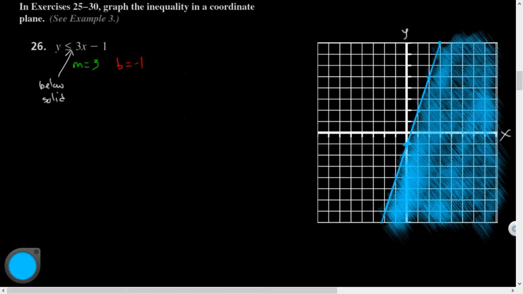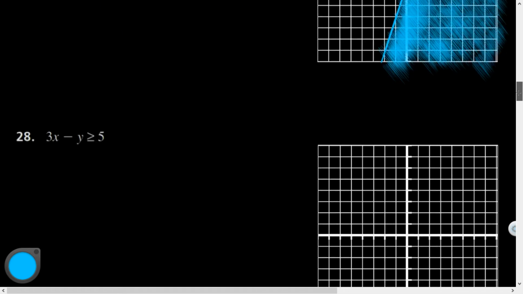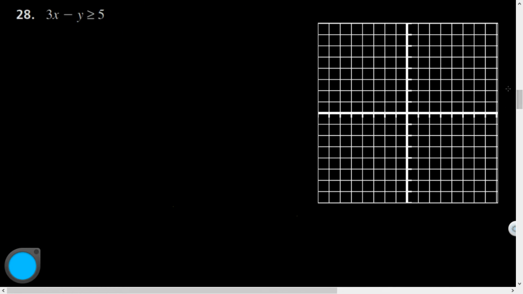So let's look at another one. This one was convenient in that it was already in slope-intercept form, and so there are infinitely many solutions, including the ones on the line as well as the ones in the shaded half plane. Now we've got to switch this into slope-intercept form. Technically, you could do a table of values or graph using the intercepts method.